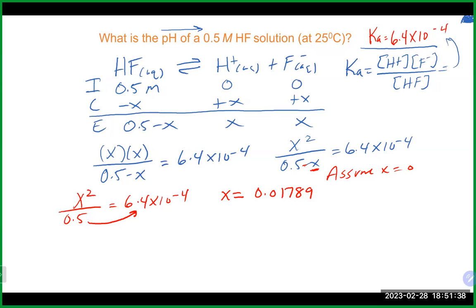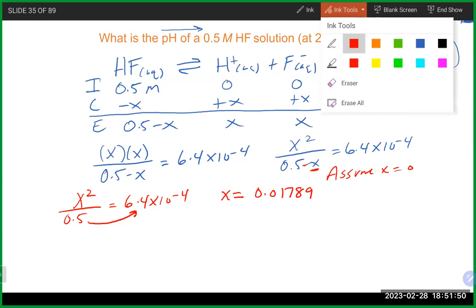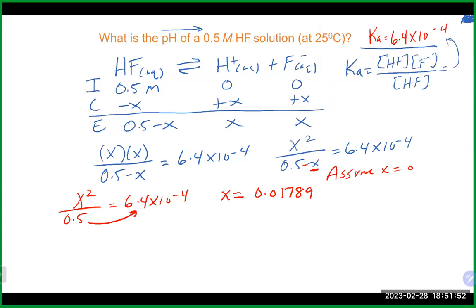We also remember that if we make the assumption here, we should do what afterwards? We should always check it to make sure that it's all good. A reminder, the way that we check our assumption is we take the x value we just got, and we divide it by what we were going to subtract it from, which is that number there in this case.